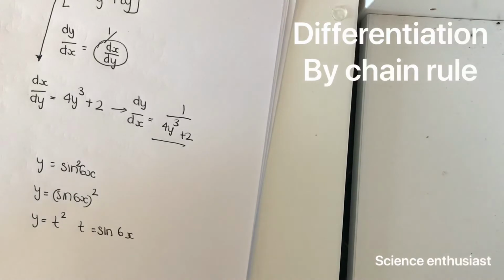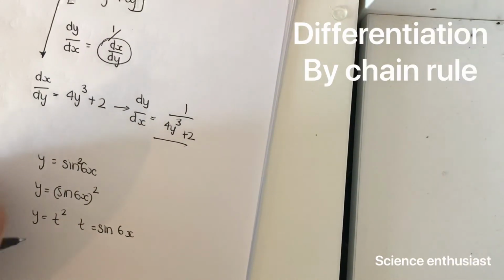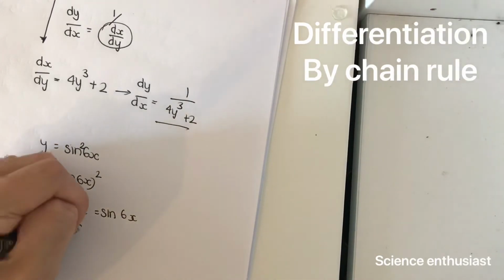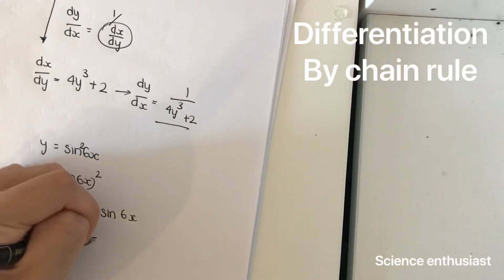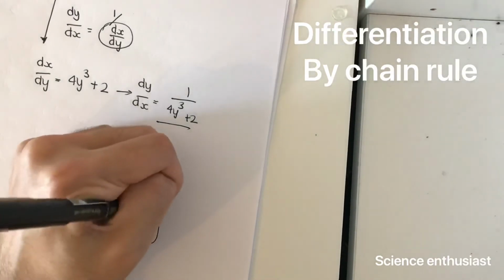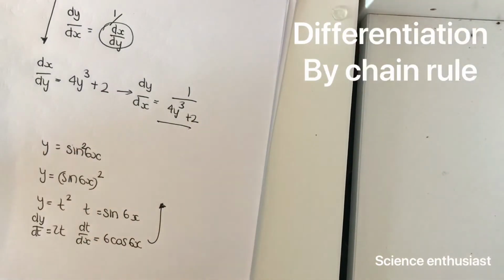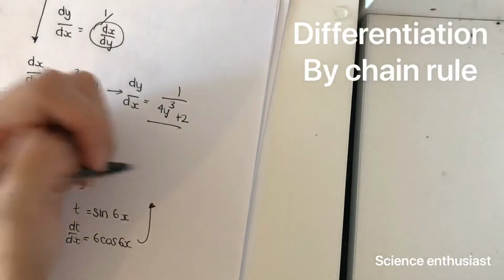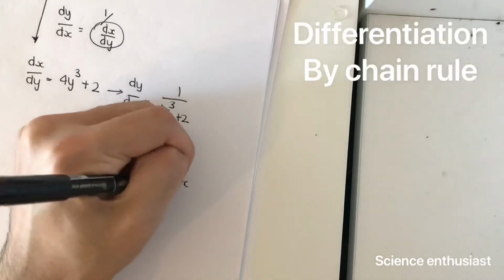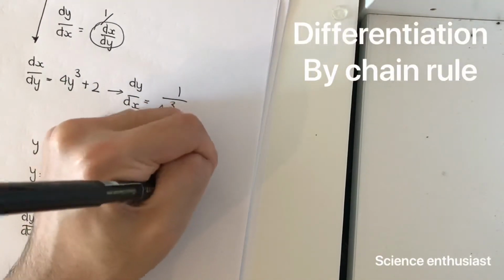And by normal chain rule, we can find the derivative of this. So we know dy over dt will equal 2t, and dt over dx will equal 6 cos of 6x, and we just multiply them both together. So 2 times 6 will become 12, so we get 12 cos of 6x times sine of 6x.